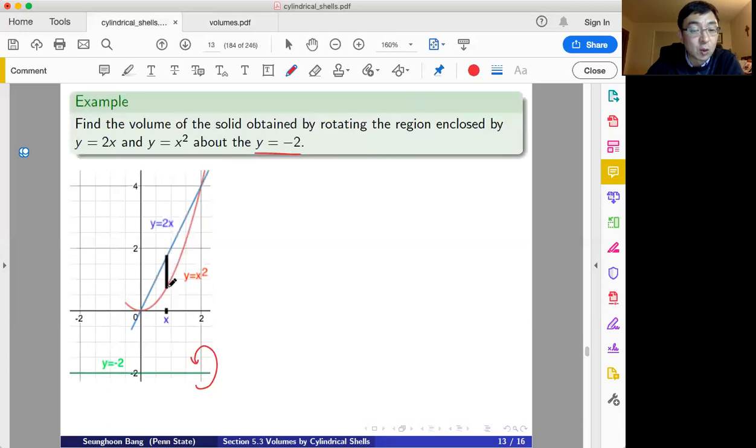You have to rotate this segment about y equals -2. What happens? We have a big circle. From here, this point has a big circle, and this point has a small circle. We have a washer.